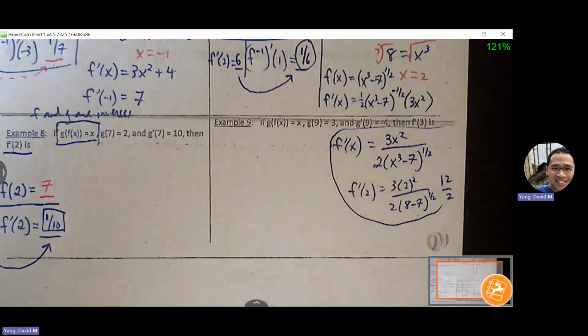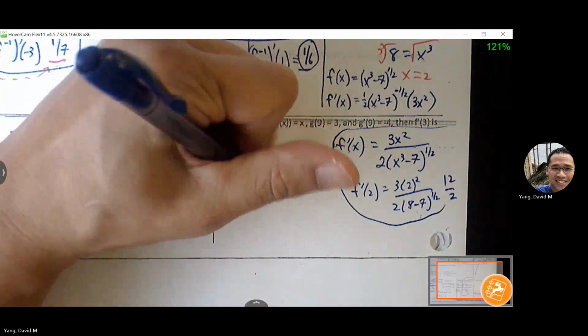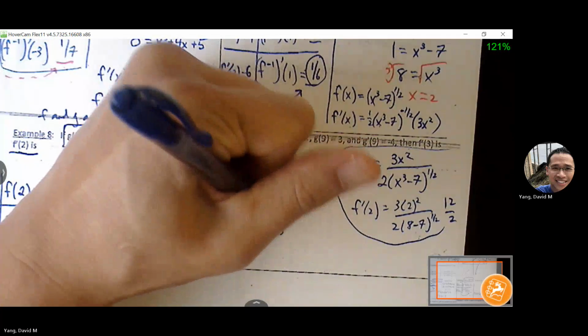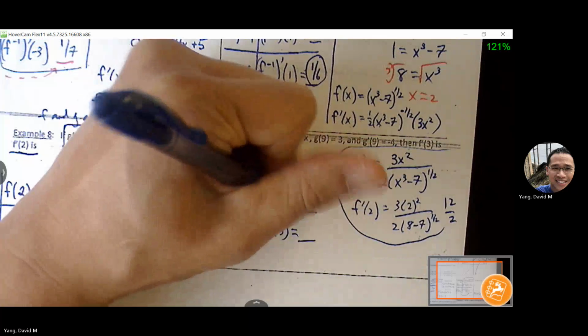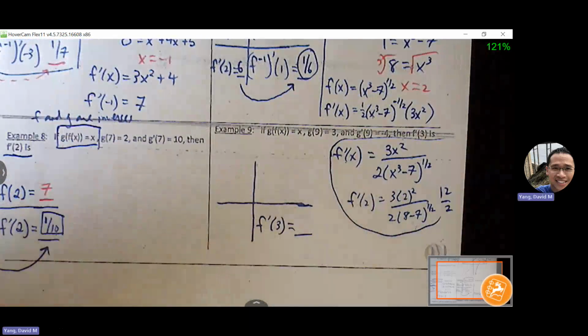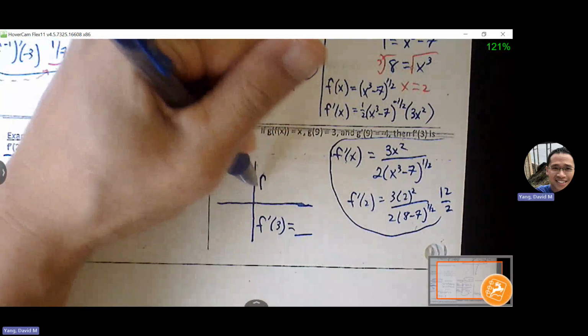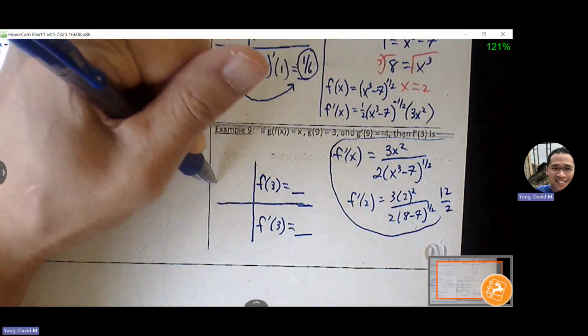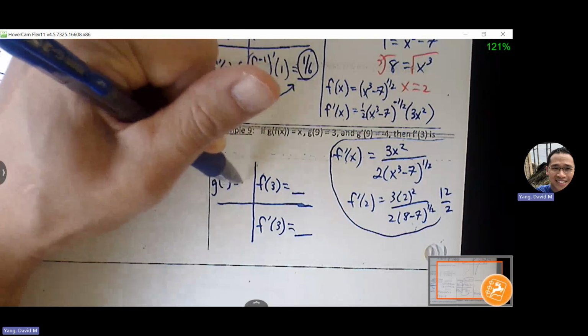We want to find f prime of 3. So even without looking at anything else, I know I can fill up to this point. 3 is the x value of my f. 3 must be the y value of my g.